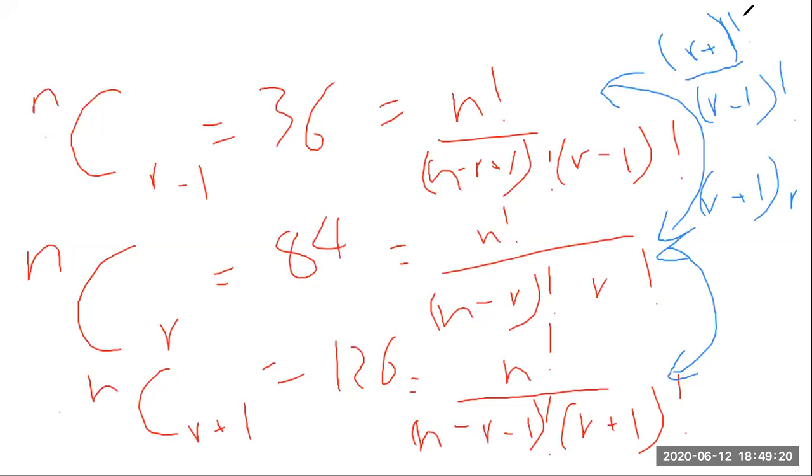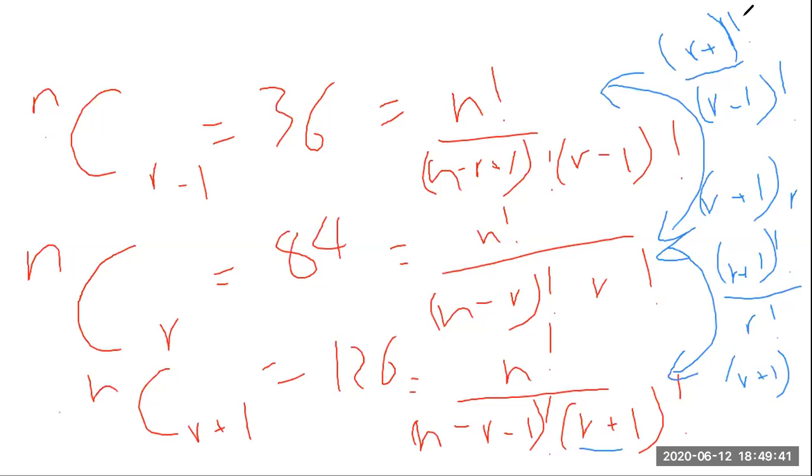But if you do r plus 1 factorial and r factorial, you would get just r plus 1. So this is the difference between solving a linear equation and solving a quadratic.